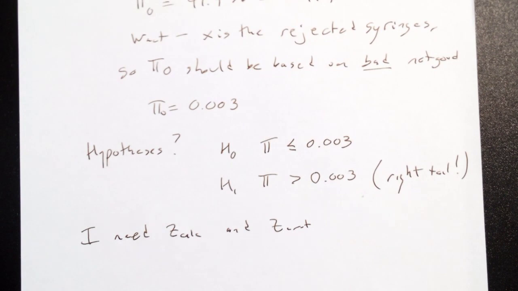The critical Z value strictly comes from the table. What's the critical Z value?